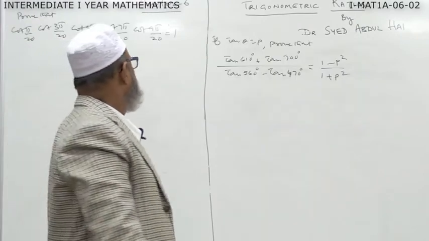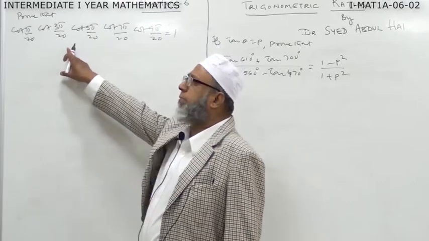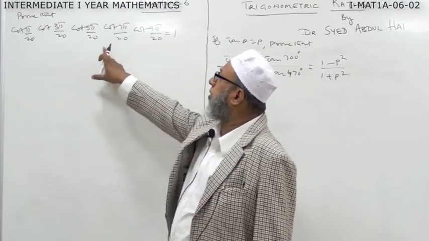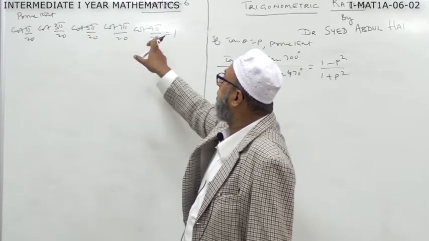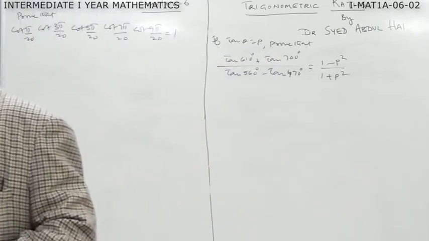Now, the next question is: prove that cot pi by 20, cot 3 pi by 20, cot 5 pi by 20, cot 7 pi by 20, cot 9 pi by 20 is equal to 1.